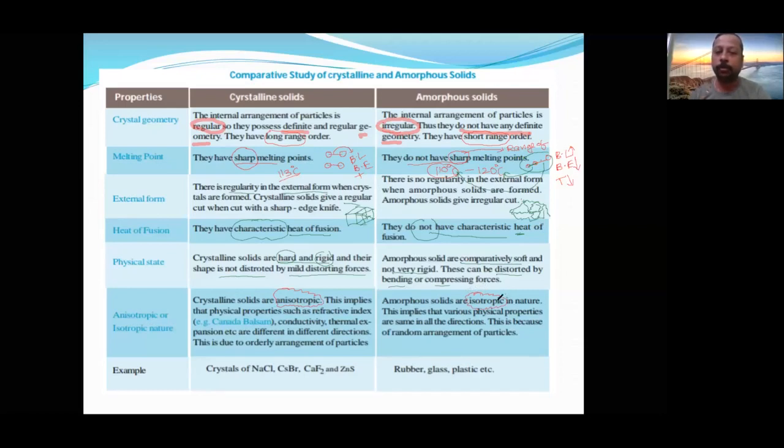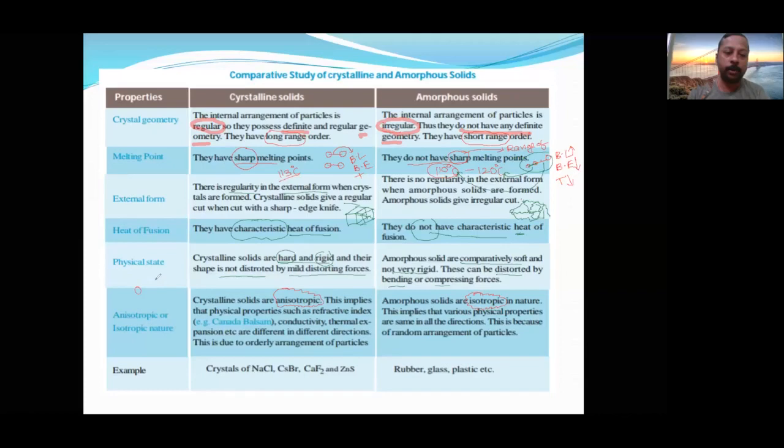Surprisingly, amorphous solids are isotropic and crystalline solids are anisotropic. Even though they have regular shape and a regular arrangement of constituent particles, their optical properties are not the same. Regular arrangement, but properties are not the same in different directions.